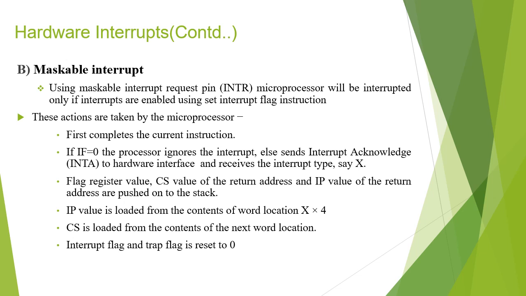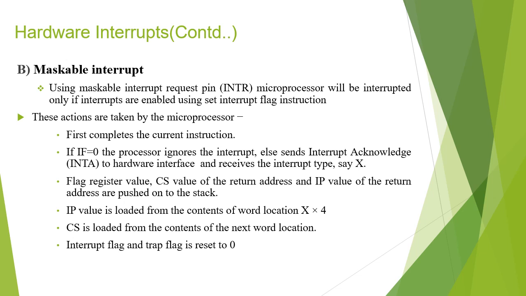It will send the interrupt acknowledgement INTA to the hardware interface from where it received the interrupt, and it will receive the interrupt type, say X. For NMI, by default it was type 2, but here it can be of any type, which will be supplied by the hardware interface when the processor acknowledges that interrupt. That X value will be multiplied by 4.